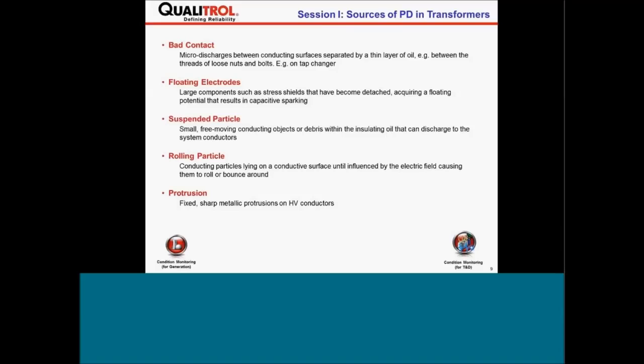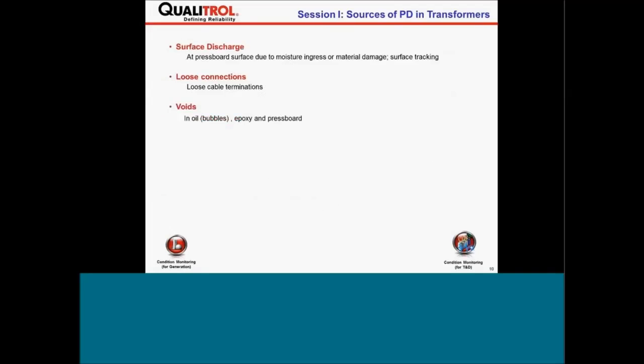And protrusions, sharp points, metal protrusions on conductors or exposed, maybe breaks in insulation. Also, surface discharges on the pressboard surfaces due to moisture or damage.